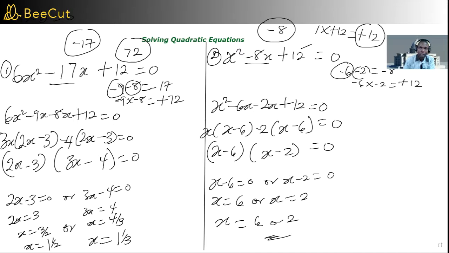Okay, I cleared the screen and solved another one now. Let me see some more questions here. Let's say this is 2x squared minus 8x.